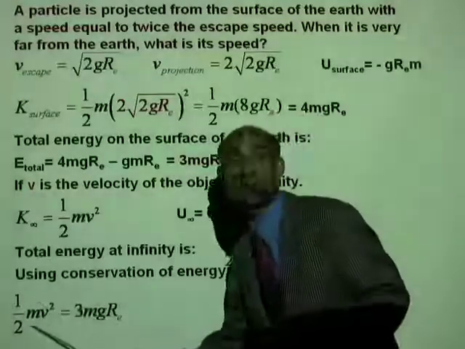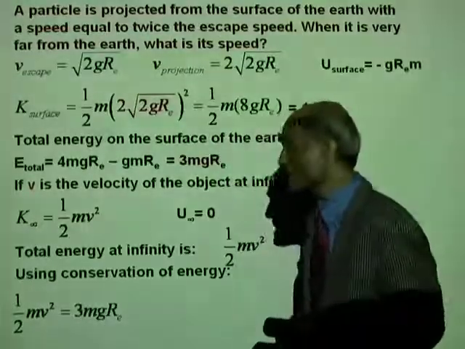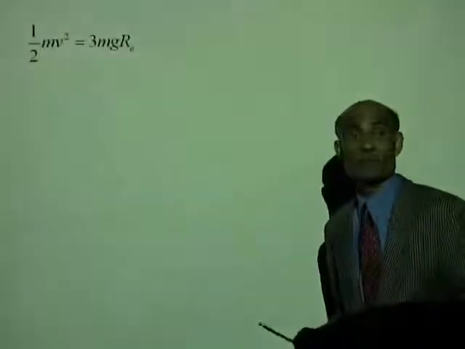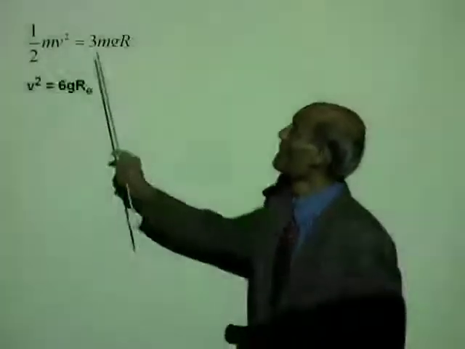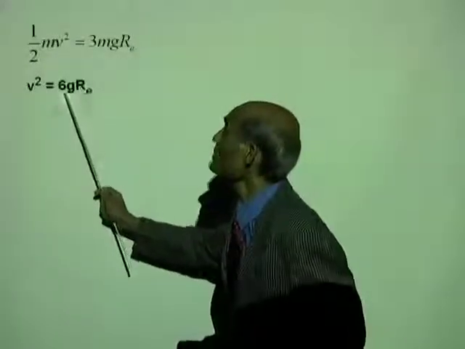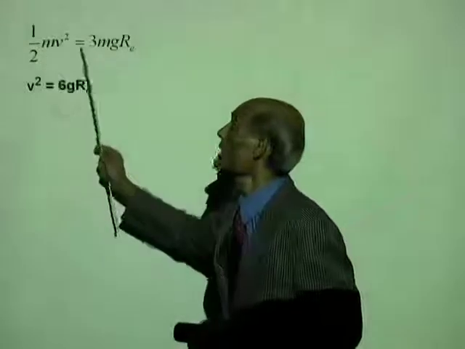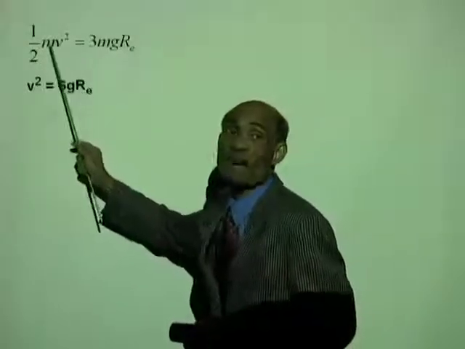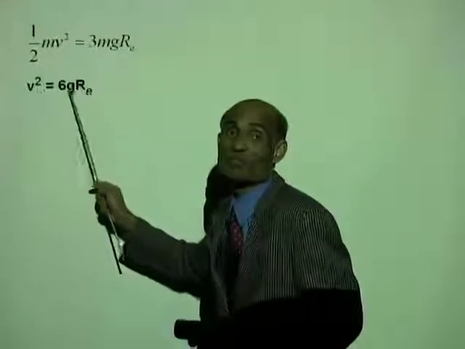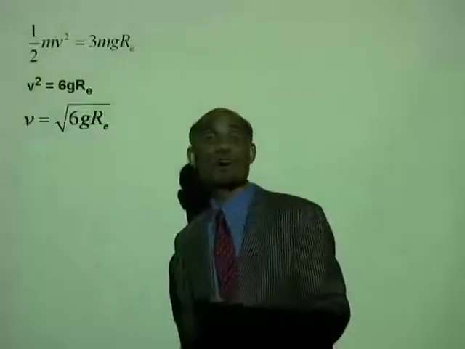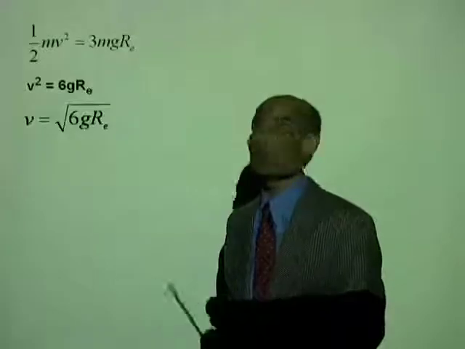And you can see m and m will cancel right away. Let's solve for v. We get v squared equal to 6GRE. Again, multiply by 2 and divide by m will give you this. Therefore, v equal to square root of 6GRE.